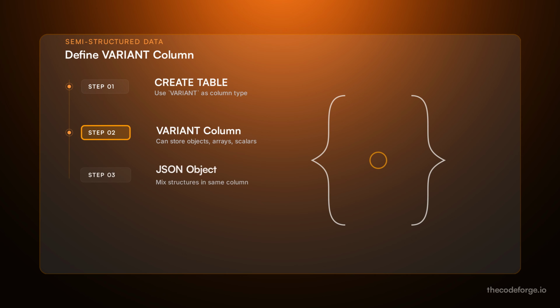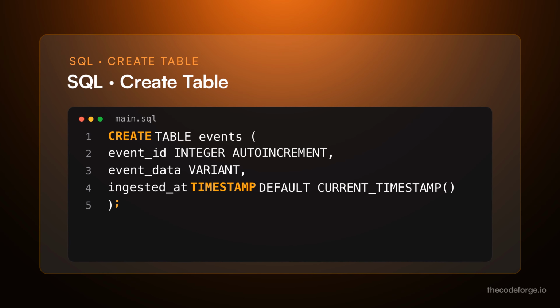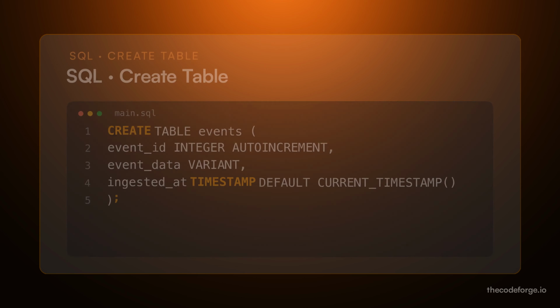This column can hold any semi-structured value, and importantly, you can mix objects, arrays, scalars, and even strings all in the same column. Here's a simple table with a variant column and an ingested_at timestamp defaulting to current_timestamp. You can insert any JSON, Avro, or Parquet data into event_data without preprocessing.